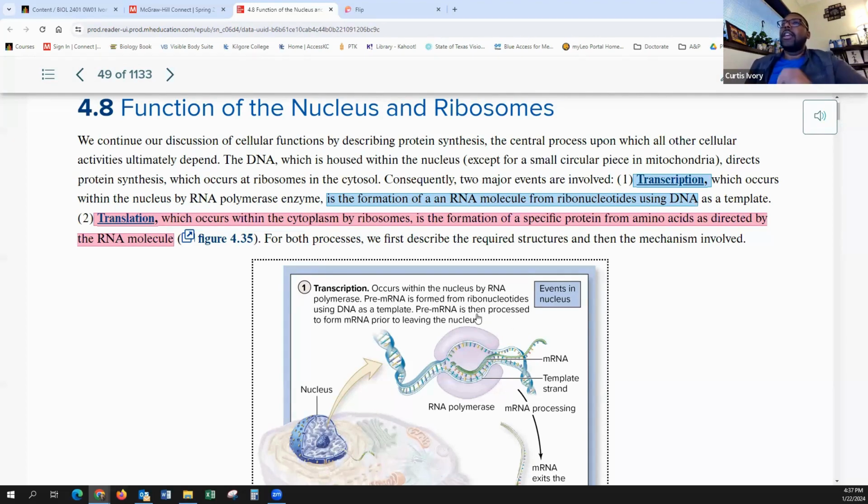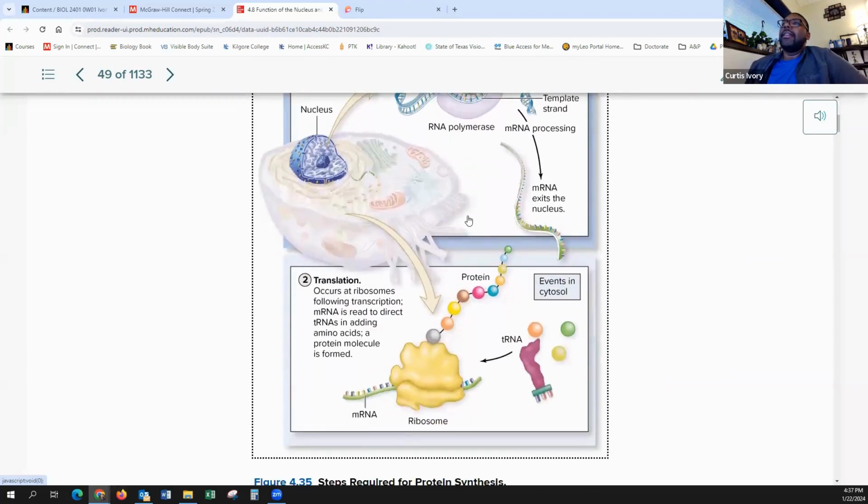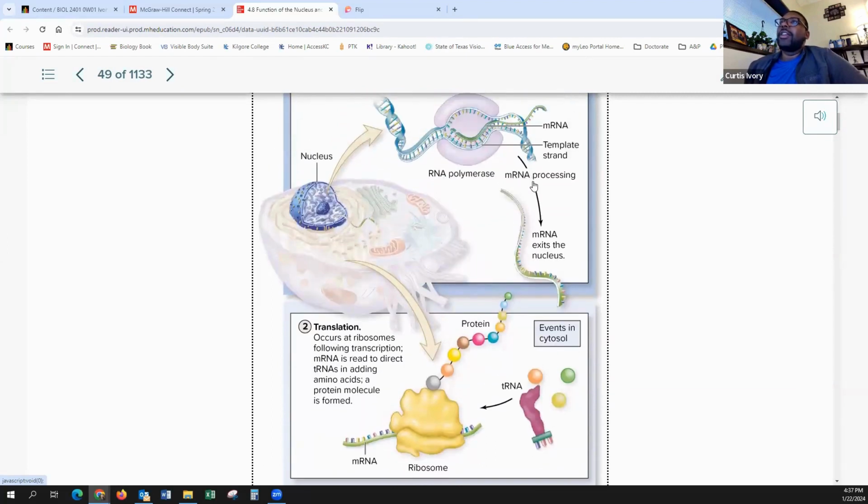And that's what you're seeing here. You're seeing transcription happening where it's going into the nucleus and we're making an RNA copy of the DNA. Then that RNA is going to turn into mRNA, where the M stands for messenger, because it goes into the nucleus and goes out of the nucleus.